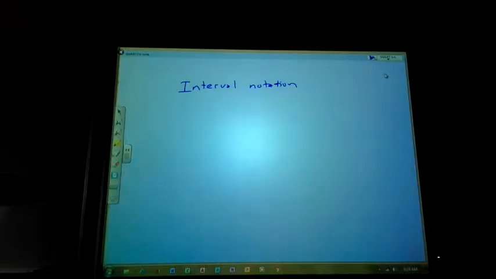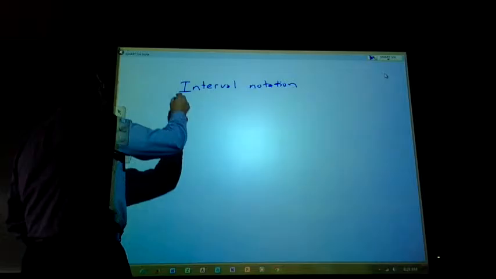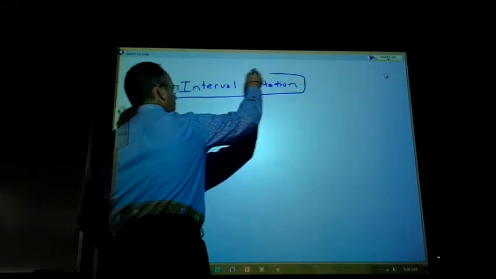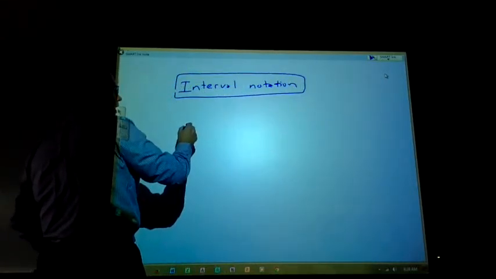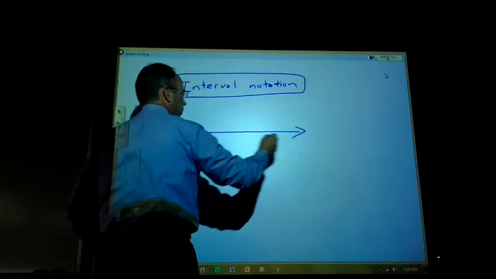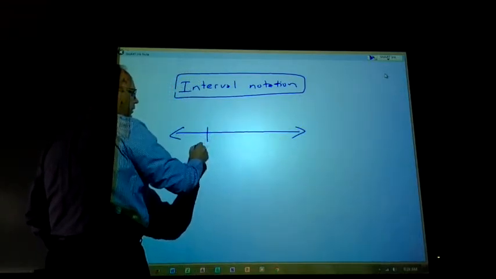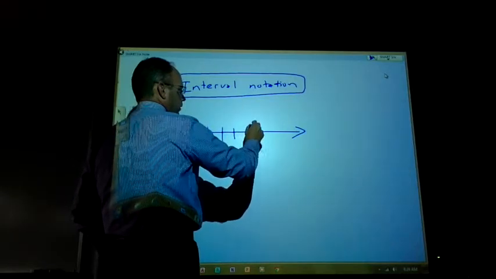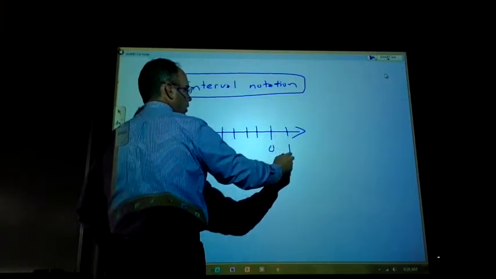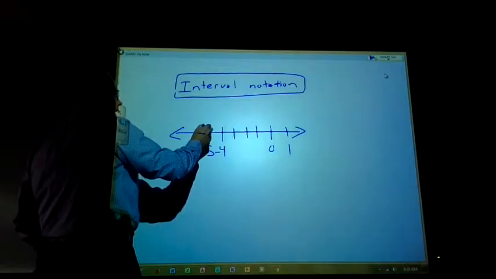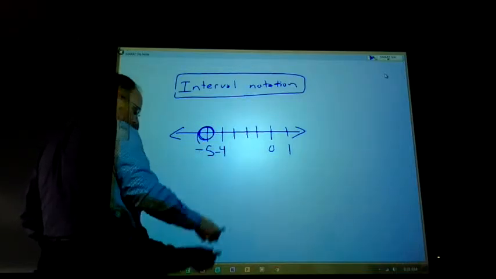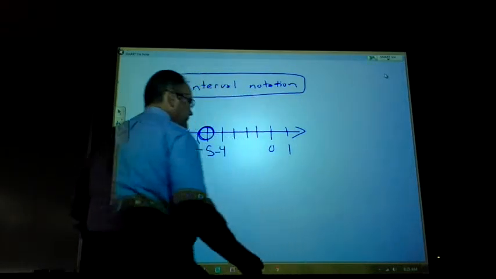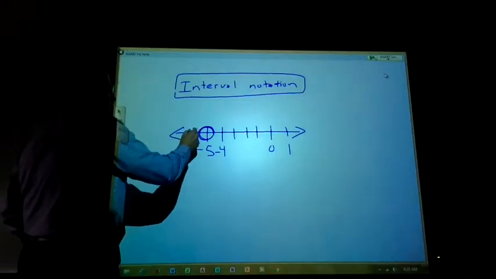So if you had, let's say, something like this. We overall want to write our problem in interval notation. Let's say I had a number line, and this is -5, -4, -3, -2, -1, 0, 1. Let's say I had an open dot going this way.